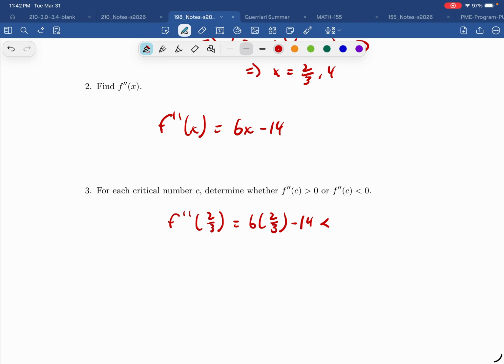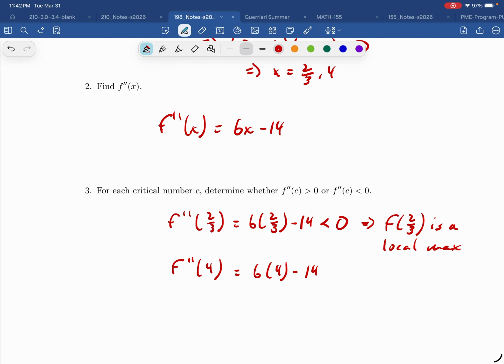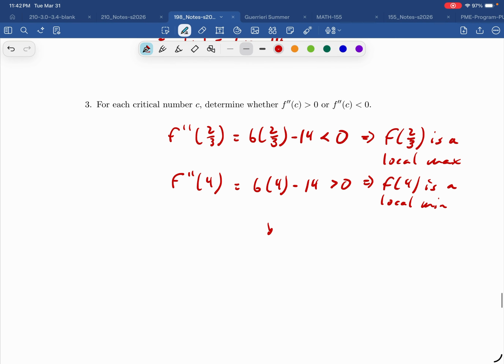I think we can see that that's less than 0, which implies that f of 2/3 is a local max. f double prime of 4, meanwhile, 6 times 4 minus 14 is greater than 0, which implies f of 4 is a local min. And this is by the second derivative test.